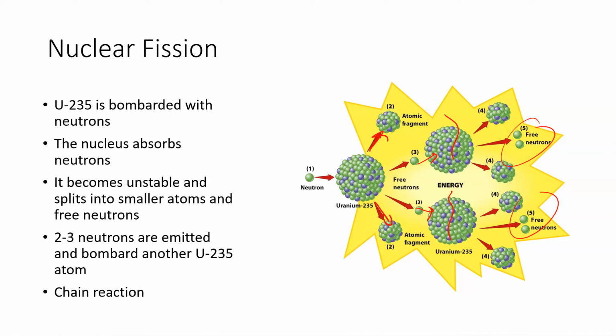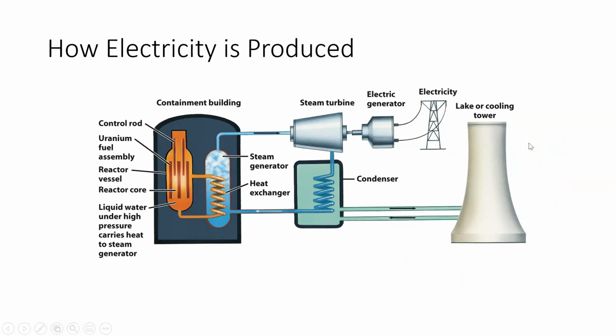It releases heat. Once the heat from that reaction has built up, in come what are called control rods to slow the reaction down to prevent it from running away and getting too hot. So we get a controlled nuclear chain reaction, which is basically bombarding the nucleus of uranium-235 with neutrons.